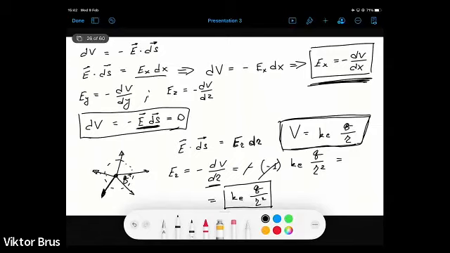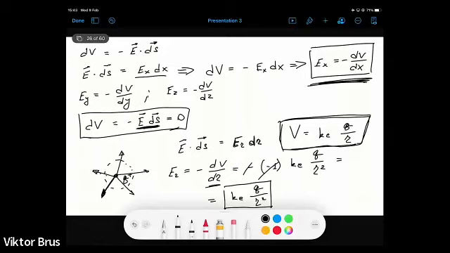And by doing this simple derivative, we can show that indeed, eventually we get the equation which describes the electric field distribution next to a point charge. So this is quite a simple, but very clear and straightforward example that indeed this relationship exists, and we can take advantage of knowing the electrostatic potential distribution in order to calculate the electric field.